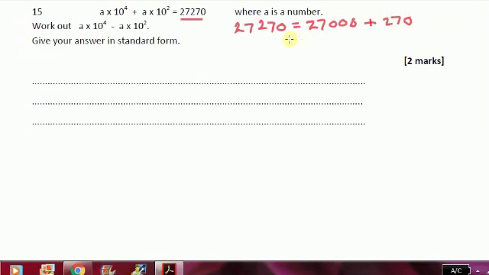And the reason I've done that is I've got the same digits in both parts, so they can be my A. So it's writing it in standard form, 2.7 times 10 to the power 4 plus 2.7 times 10 to the power 2. So that's exactly what they want, where I've got A to be 2.7.